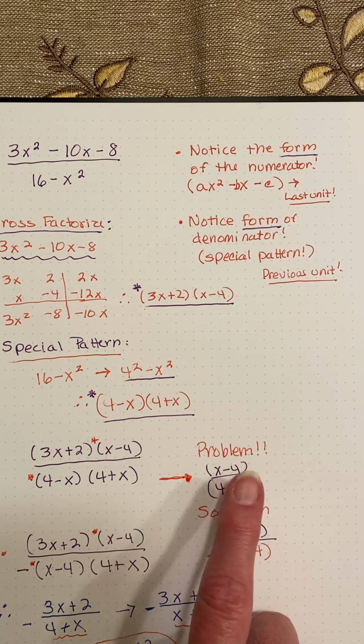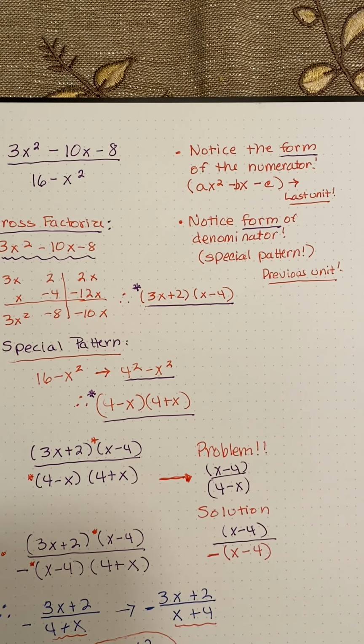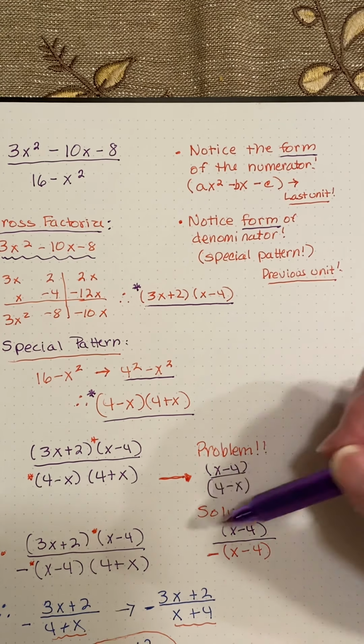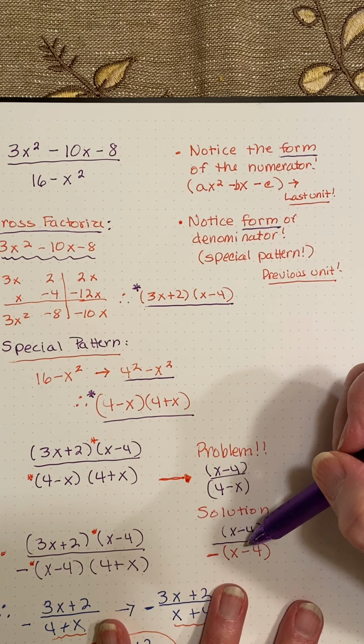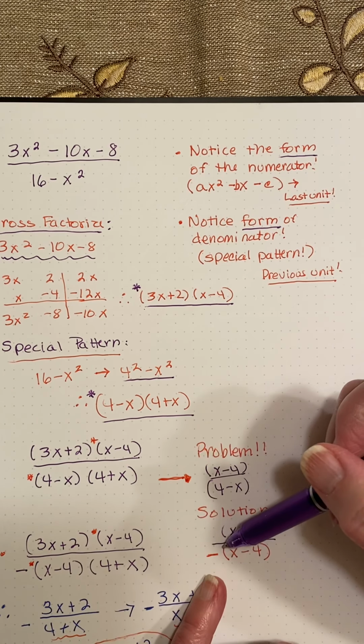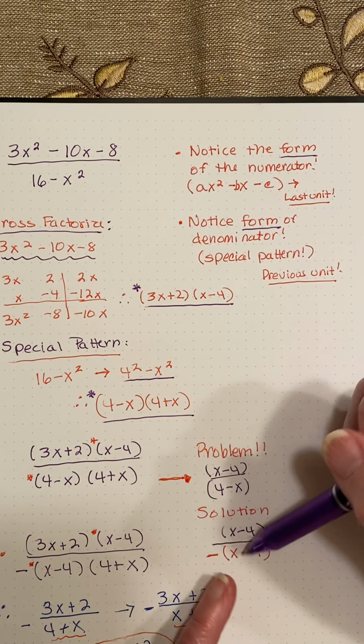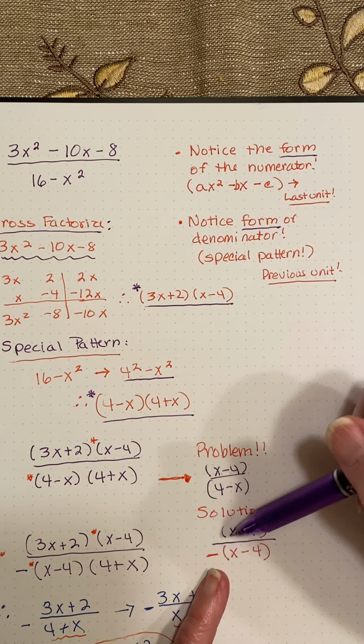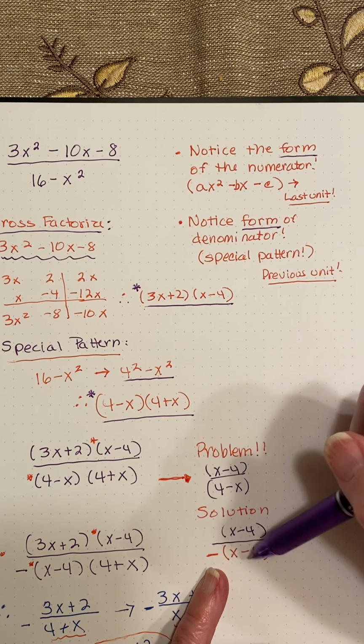That's a problem, because you want it flipped. So the solution to that problem is this, where you multiply this value by a negative 1 so you can flip the sign. So you're going to have a negative 1 times this.